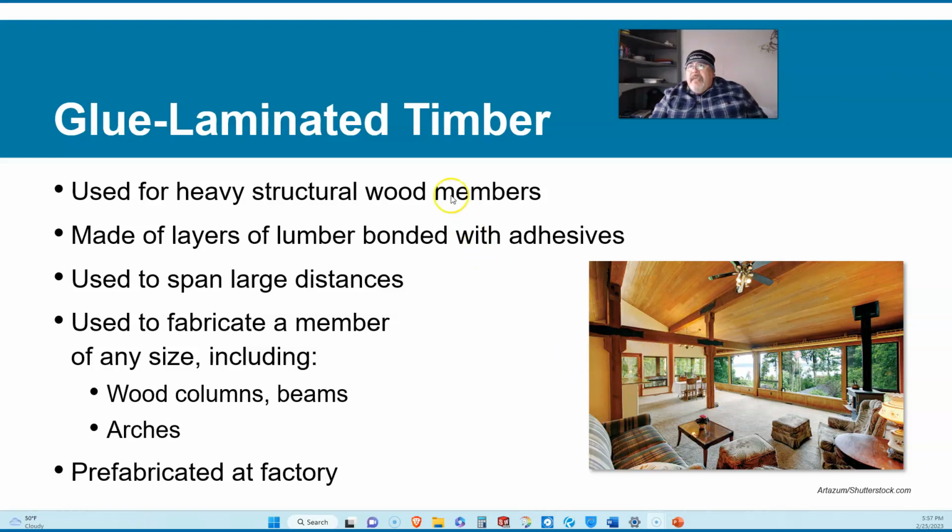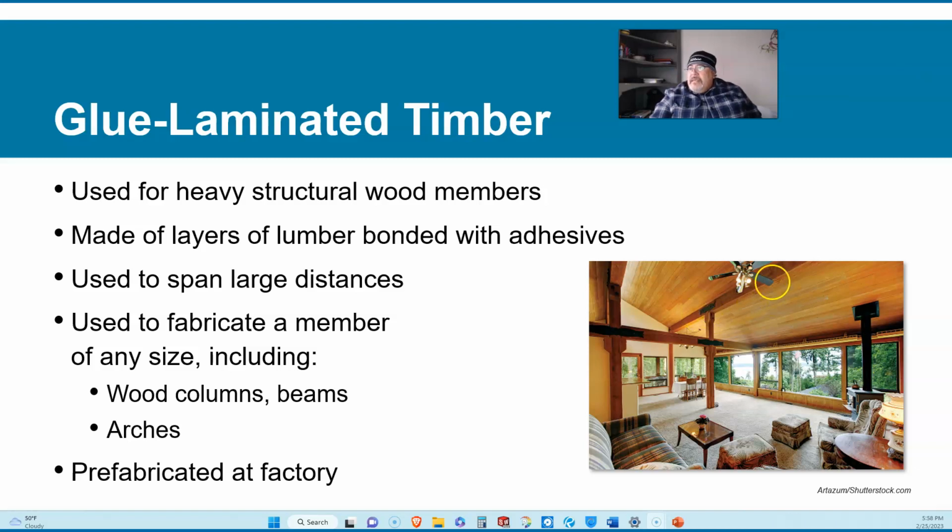Well, these timbers could be milled from a large tree, or you can take the components of lumber and glue them together to make a larger member. So these could be glue laminated together as opposed to organically being formed by one tree.